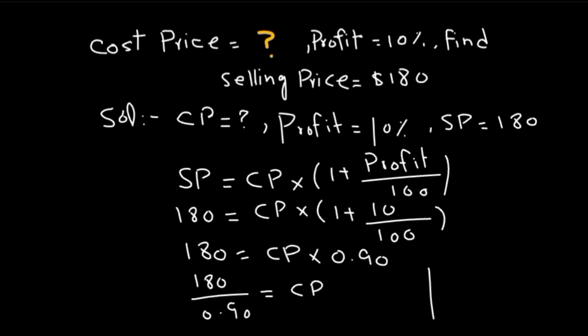So now if we divide 180 by 90, we will get the cost price, that is 200. So this is our answer.